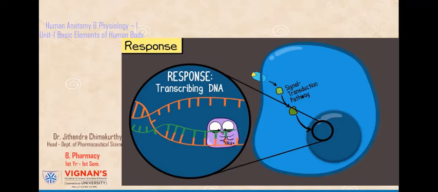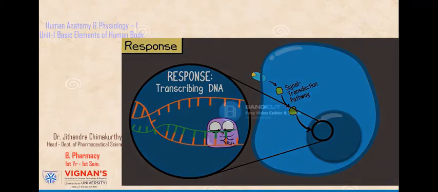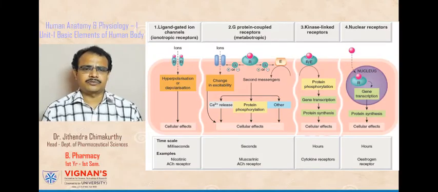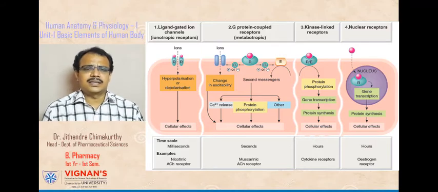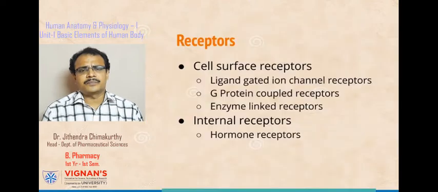Now, cell signaling can involve different receptors. The 4 types of receptor transducer mechanisms are: first, ligand gated ion channels. Second, G protein coupled receptors. Third, enzyme linked receptors. And the fourth one is intracellular receptors.